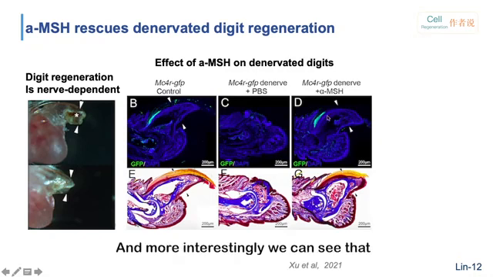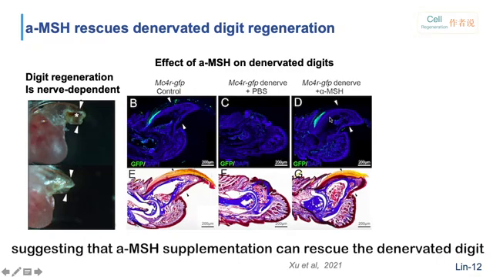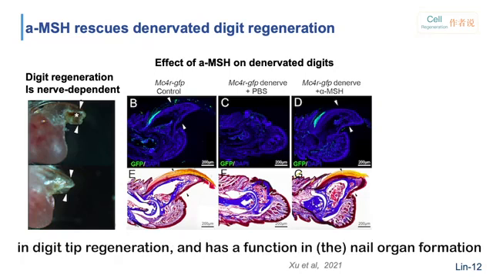And more interestingly, we can see that there is nail organ formation in these MC4R-GFP transgenic mice, suggesting that the α-MSH supplementation can rescue the denervated digit in digital tip regeneration and has a function in the nail organ formation.